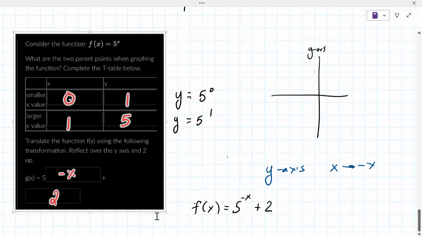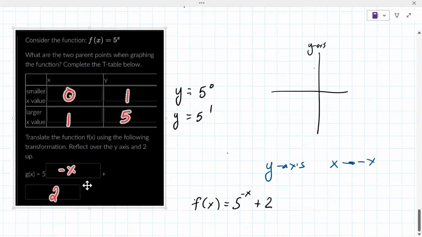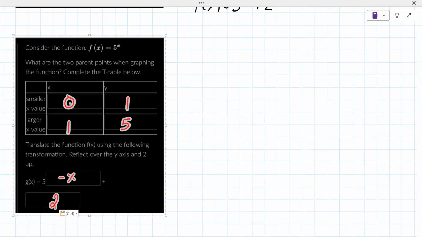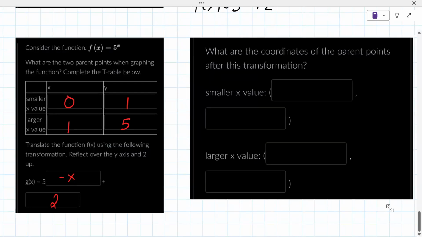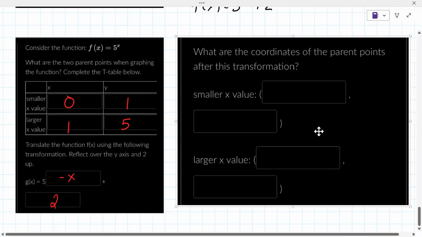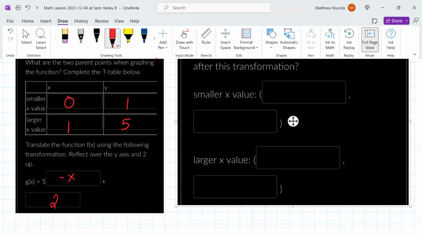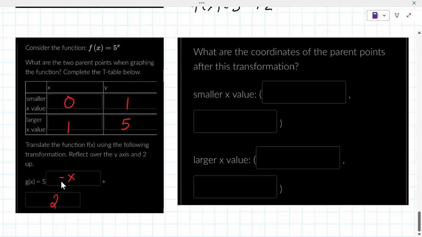Now I'm going to grab this table and then, so for the new coordinates, there's two ways to do it. Rather than recalculating them, you're supposed to use the transformations potentially. So what I'm trying to say here is that the reflection over the y-axis affects the x value.